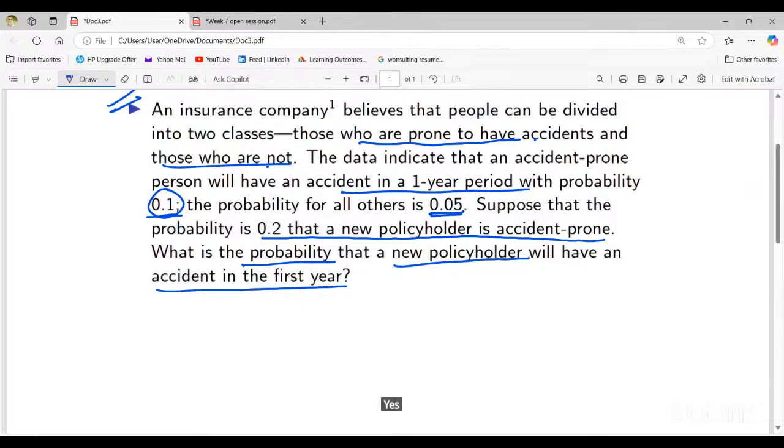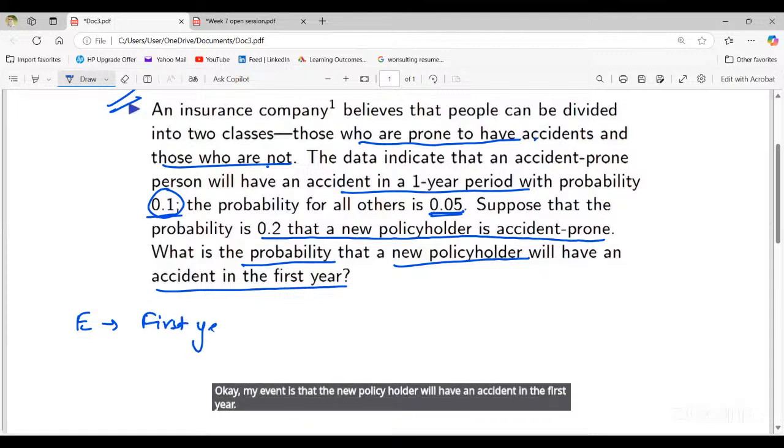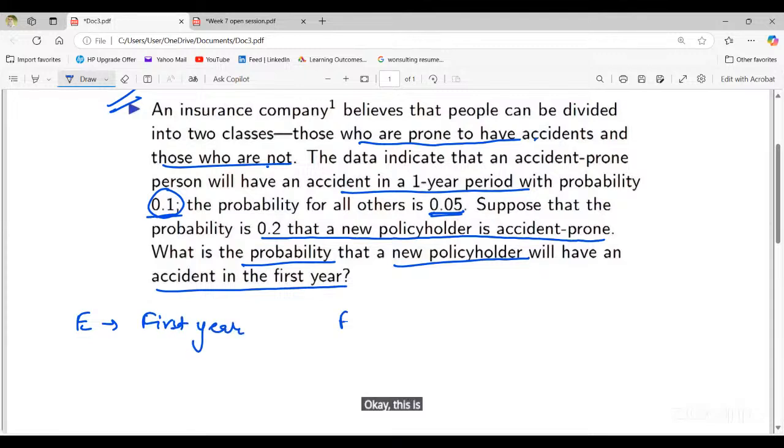Okay. I'm taking E as an event. My E event is that the new policy holder will have an accident in the first year. And I'm taking F as the event that the new policy holder is accident prone.